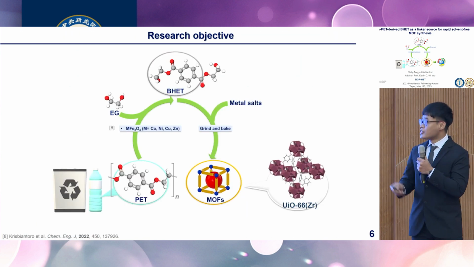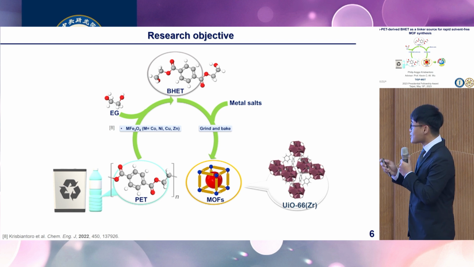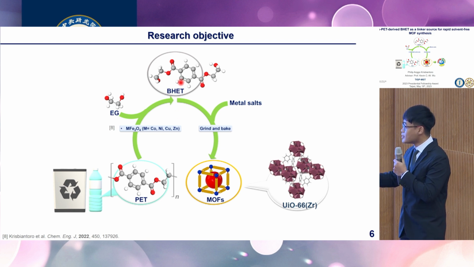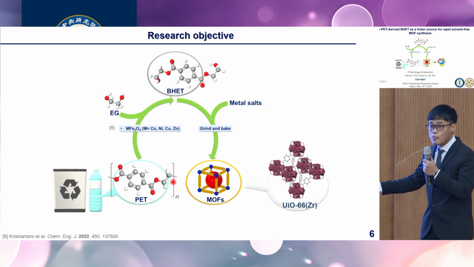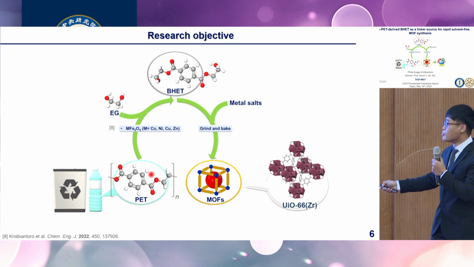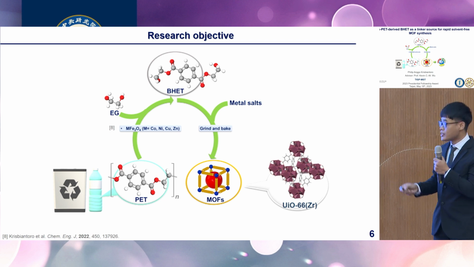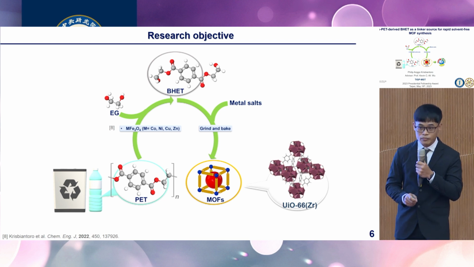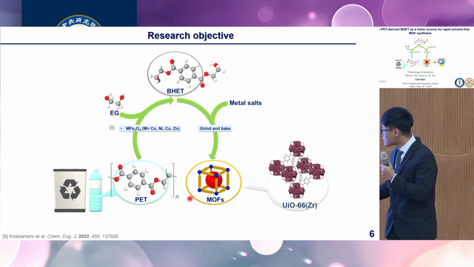Therefore, the objective of my work is to use BHET that I produced from PET glycolysis reactions in my previous work in this journal for the synthesis of metal organic frameworks by the solvent-free grind and bake technique. The MOF that I want to demonstrate here is UiO-66 zirconium. So how to get this material?